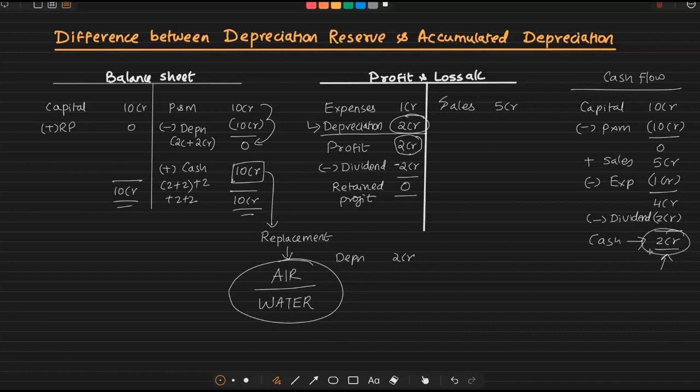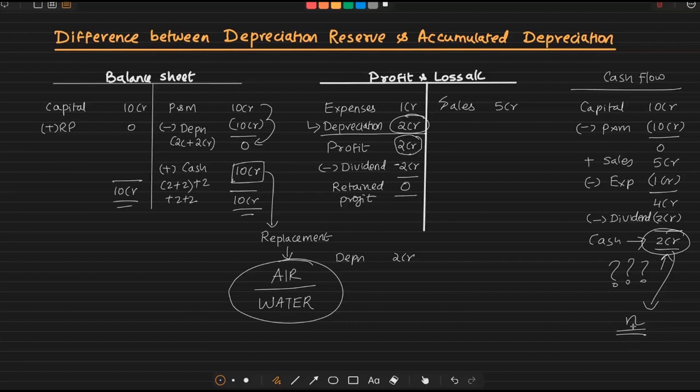But whether this cash balance of 2 crore will be retained every year for all the 5 years to facilitate the replacement of the asset at the end of the 5th year? That is a $1 million question. Because the moment they retain some cash or the moment they see some cash, it will have n number of requirements. In reality, it will not happen in the way I explained.